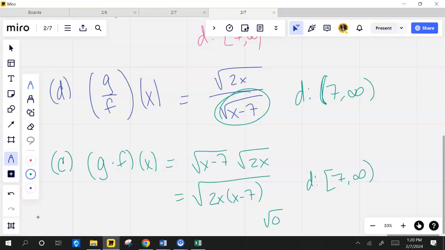For D, it can't be 7. It's still that whole range of numbers, but it can't actually be 7 because if I plugged in 7, that would give me 0 on the bottom, and that would be undefined. If you put a 7 in here, 7 minus 7 gives the square root of 0. Square root of 0 is fine, but in the bottom, that gives me a denominator of 0, and that's no bueno. Exclusive.